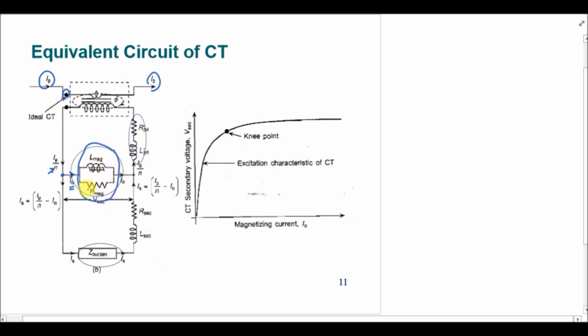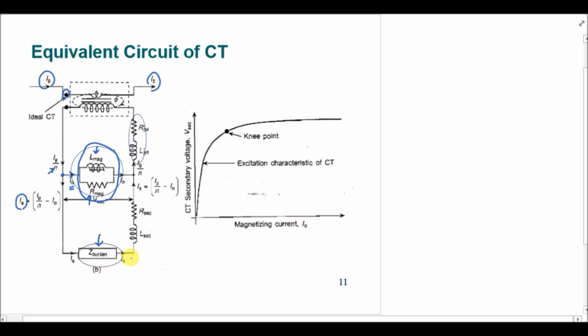There is an inductance and resistance in the magnetization branch. After this node we have a current IP over N minus I naught, that is actually the secondary current, and this IS will be passing through the Z burden, that is the summation of the pilot wire impedance and also the relay impedance.